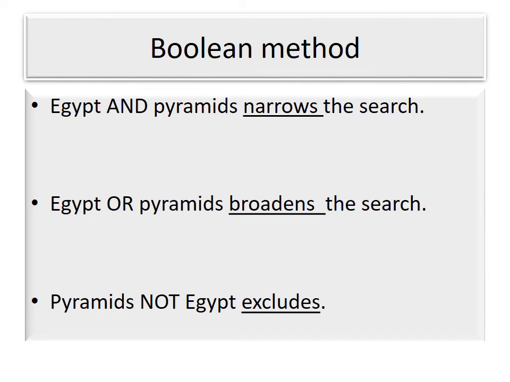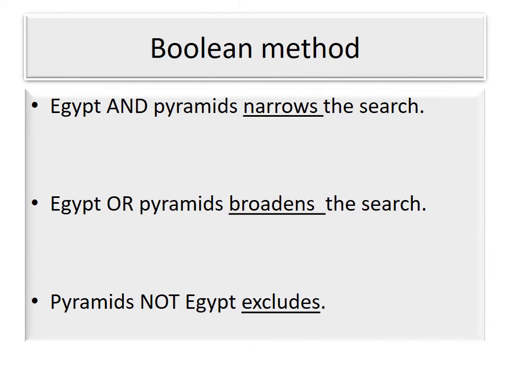Next, we are going to look at Boolean searching. Boolean searching allows you to add connecting words to your keyword to improve, expand, or refine your search. Always use capital letters when using Boolean operators. For example, the AND, the OR, the NOT. I'm going to explain the difference.